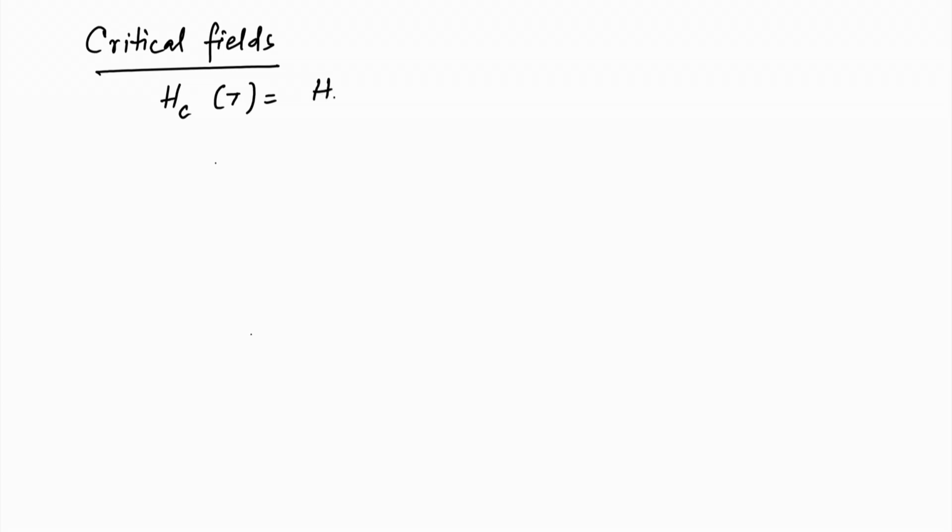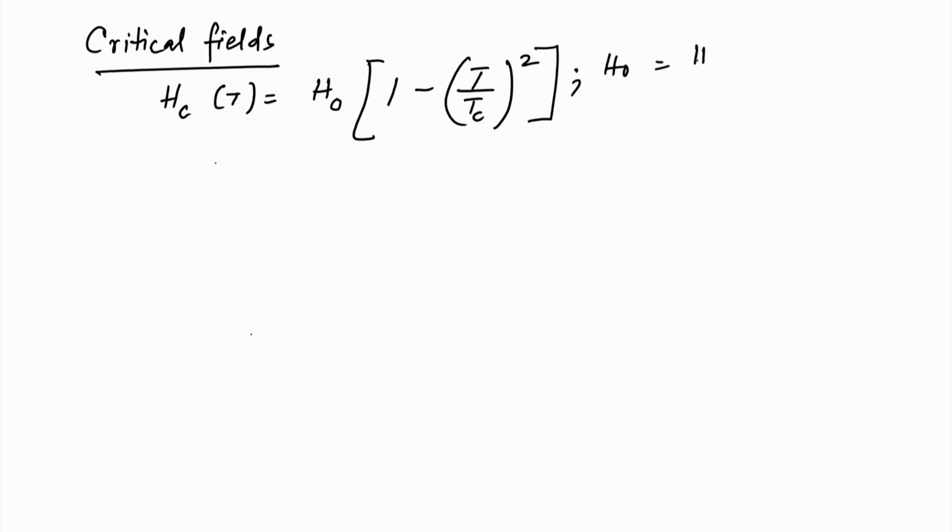Let us now talk about the critical fields, which is what we have just introduced. The variation of the critical fields with temperature is given, without proof, by H c of T equal to H0 times 1 minus T by T c whole square, where H0 equal to H external at T equal to 0.